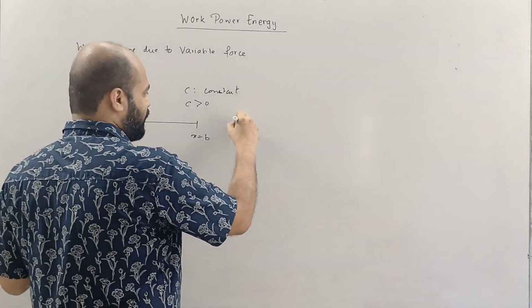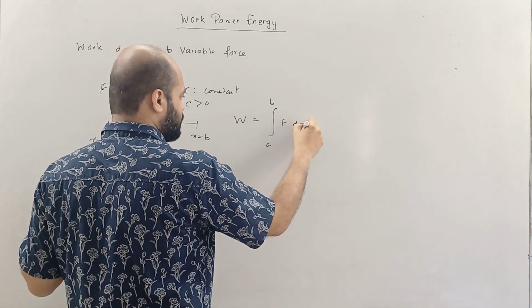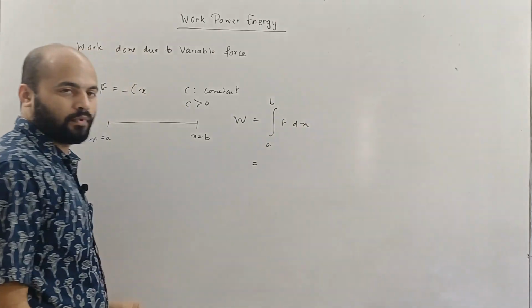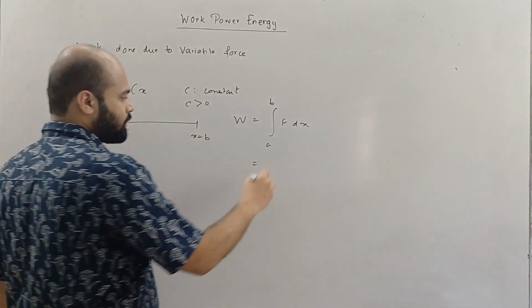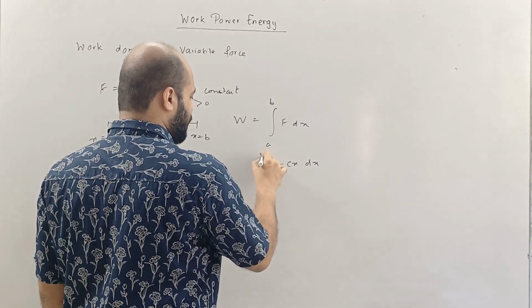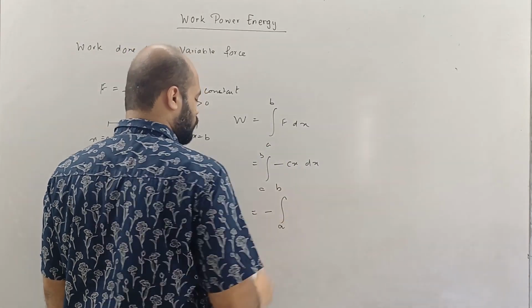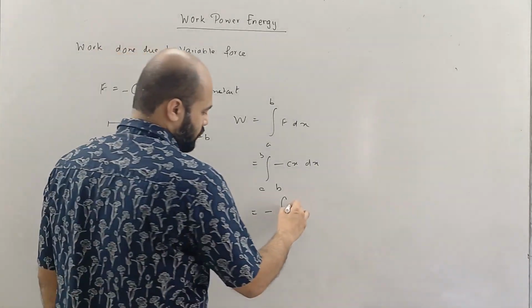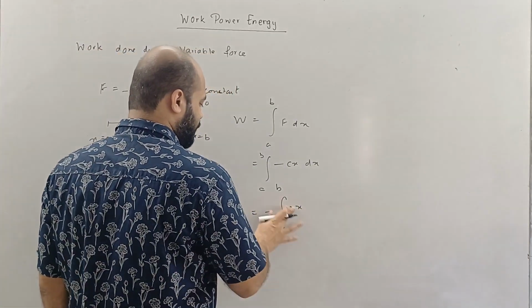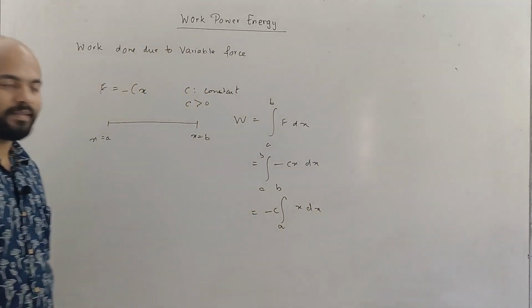Let's integrate this and find the work done. So integral from A to B of F dx is going to be the work done. Now we know that the force is minus Cx. So let's put it over here from A to B. We can take the minus C out straight away, and this is the expression that we get.